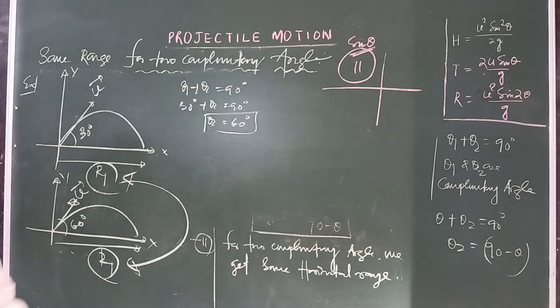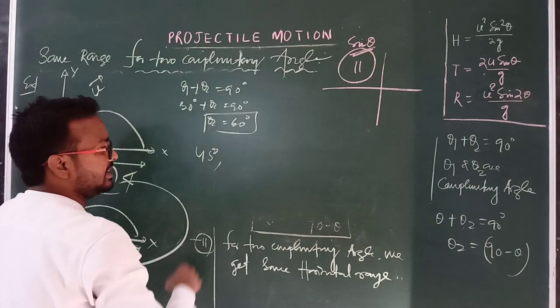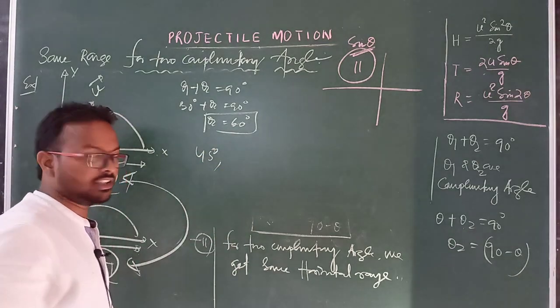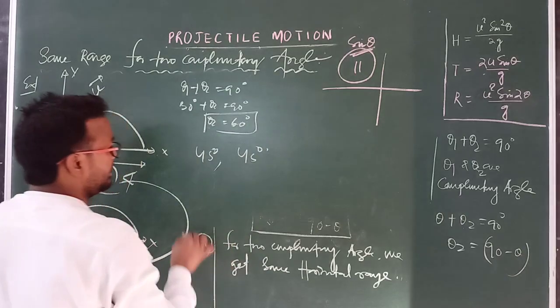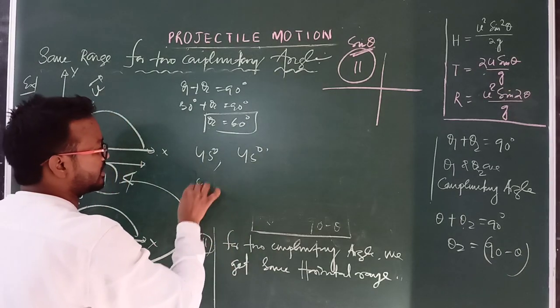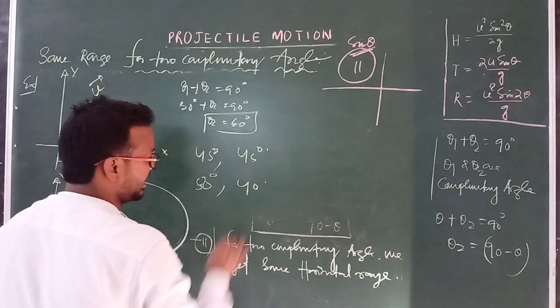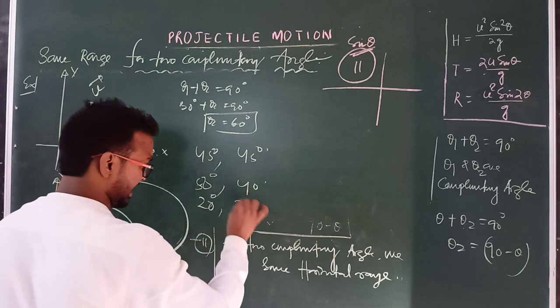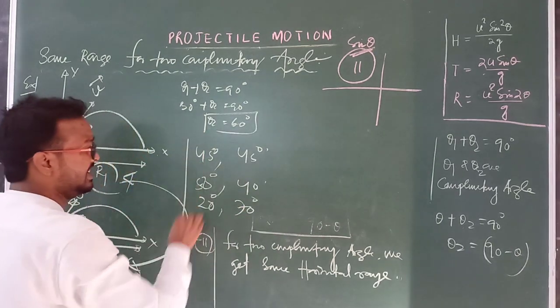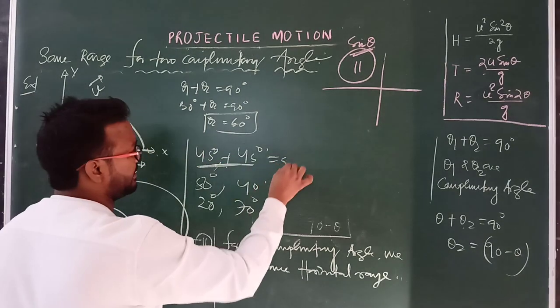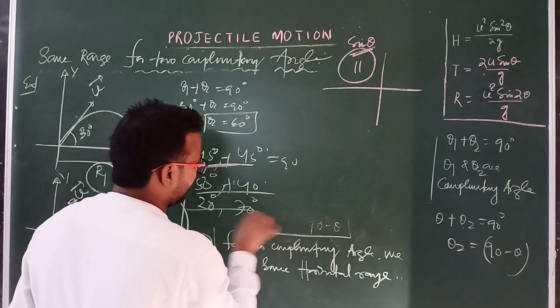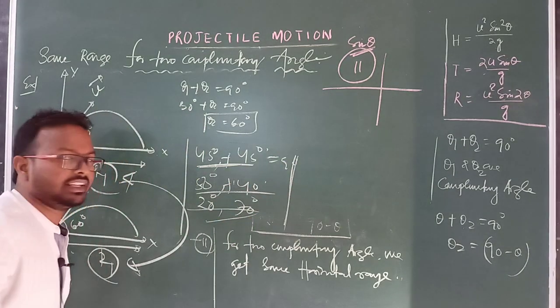Clear? Again, if we project at 45 degree, then the other angle should be how much? That is 45 degree. Or if one is 50 degree, then the other one will be 40 degree. If one is 20 degree, then the other one will be 70. That means the sum of the two angles must be 90 degree, and those angles are known as complementary angles.